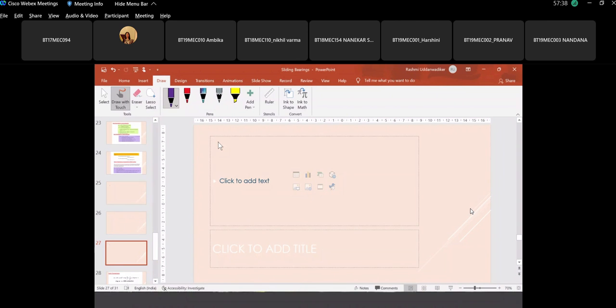Write down the problem statement. A journal of 60 mm diameter runs in a bearing at 450 rpm. The bearing is subjected to a normal load of 3.5 kilonewtons.